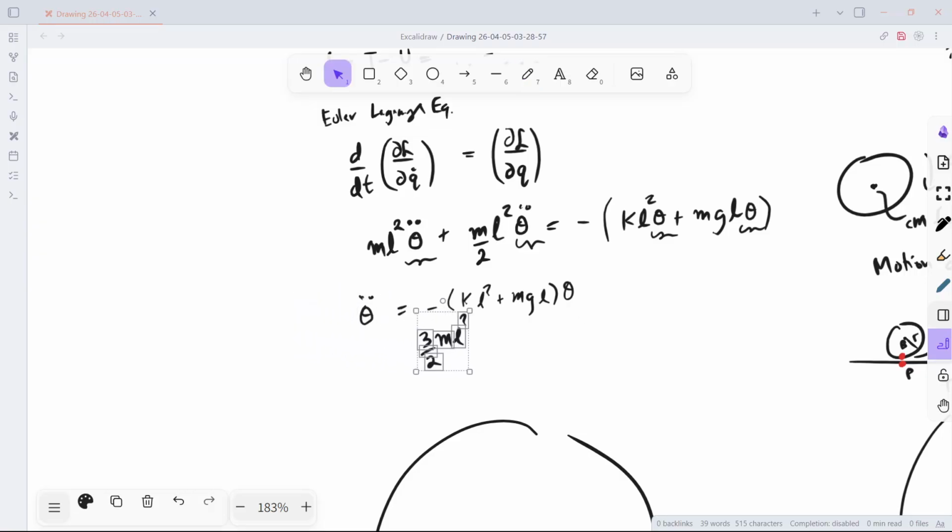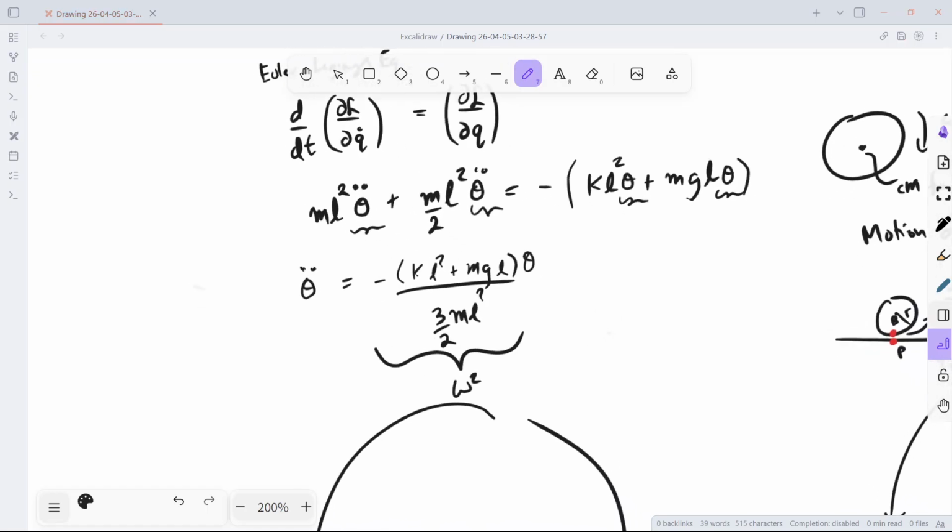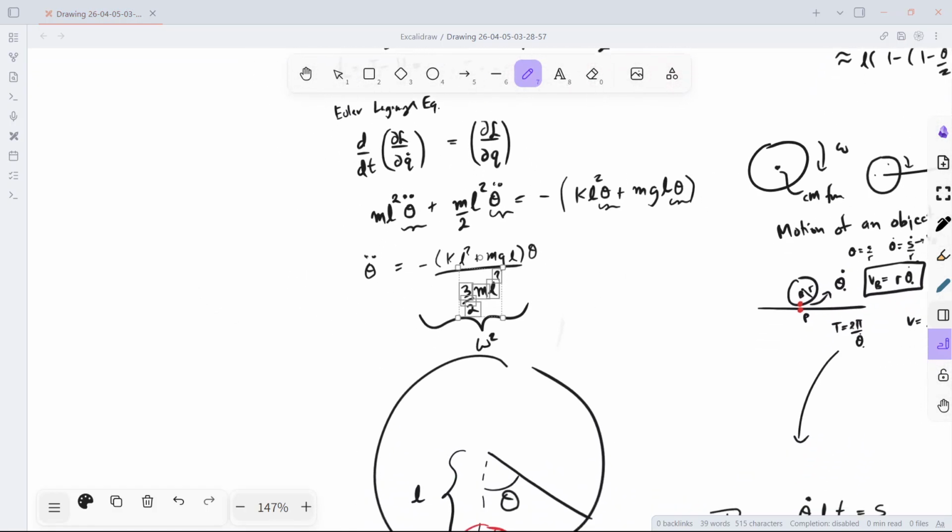You bring this down here. Notice this is your omega squared. This is yet another omega, which is the angular frequency of the motion.